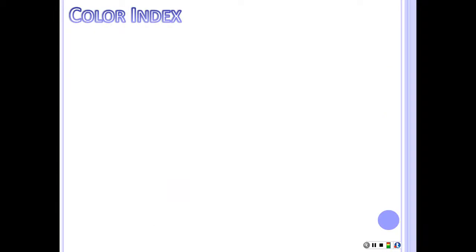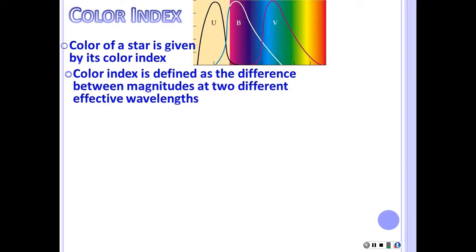And that brings us to the idea of color index. A color index is basically two different measurements. So let's say we take a measurement in V and a measurement in B. The difference between the magnitude in V and the magnitude in B is a measure of the color. We're basically just subtracting one from the other. So the color index is the blue minus the visual.